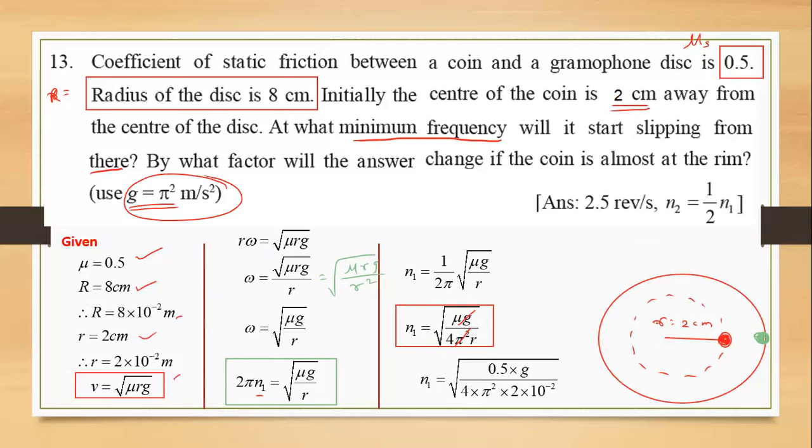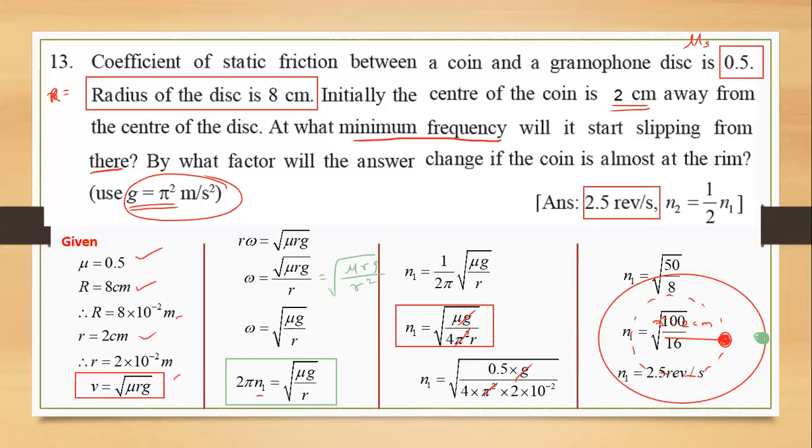Now after solving this, let's see what we get. So it is 50 by 8. So 50 by 8 means root of 100 by 16. Root 100 is 10 and root 16 is 4. 10 by 4 means 2.5.